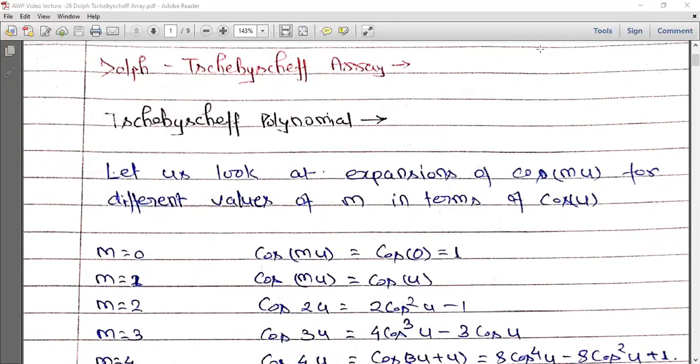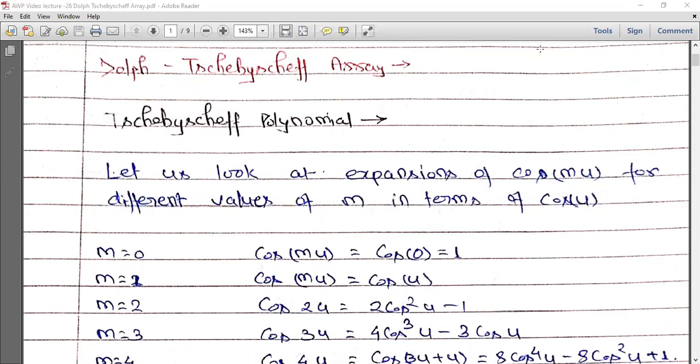It is based on the Chebyshev polynomial, so Chebyshev and Dolph are both the main creators of this array. The objective of designing a non-uniform antenna array is to find the excitations, because the inter-element spacing is already given, just as we found excitations using binomial expansion in the binomial antenna array.